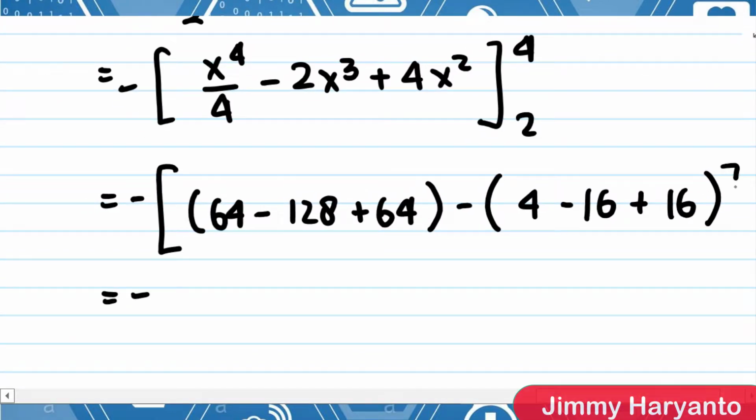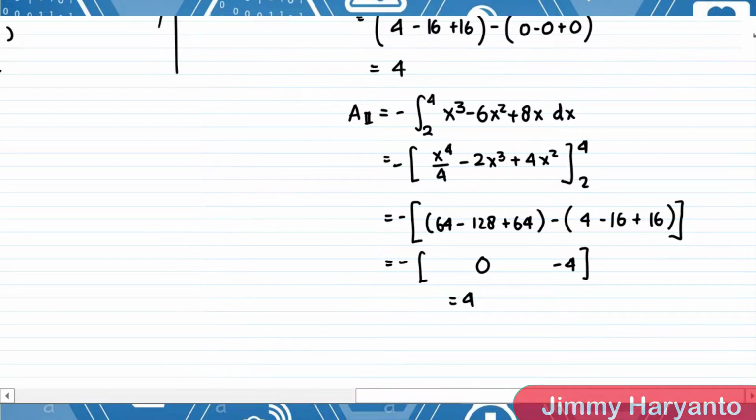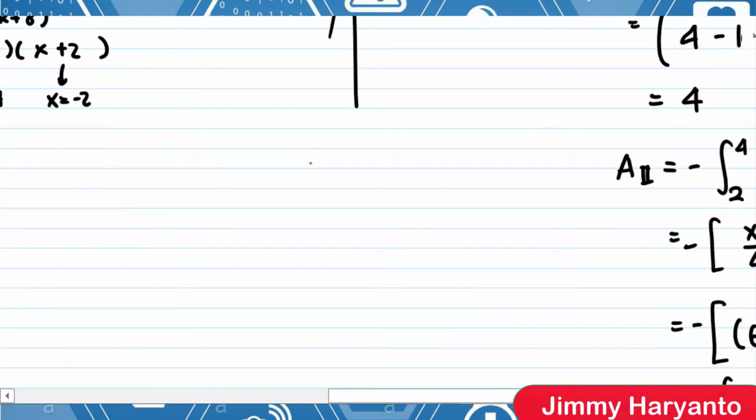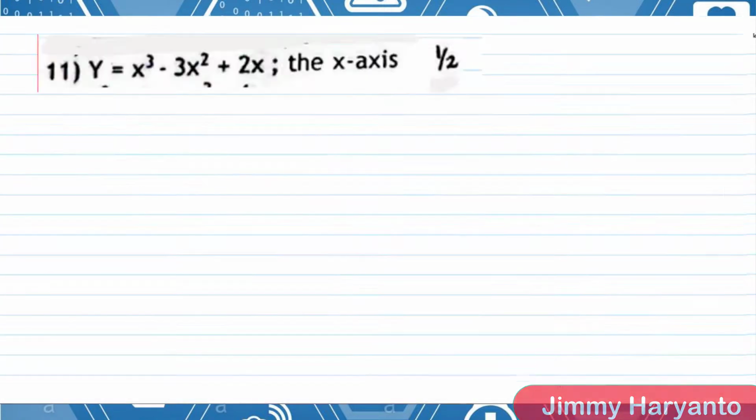That's weird. Okay, so the answer will be 0 for this one, and this one is 4. Oh, it's the same thing with the previous one. So the total area will be 8. 4 plus 4 is 8. Yeah, I'm correct.